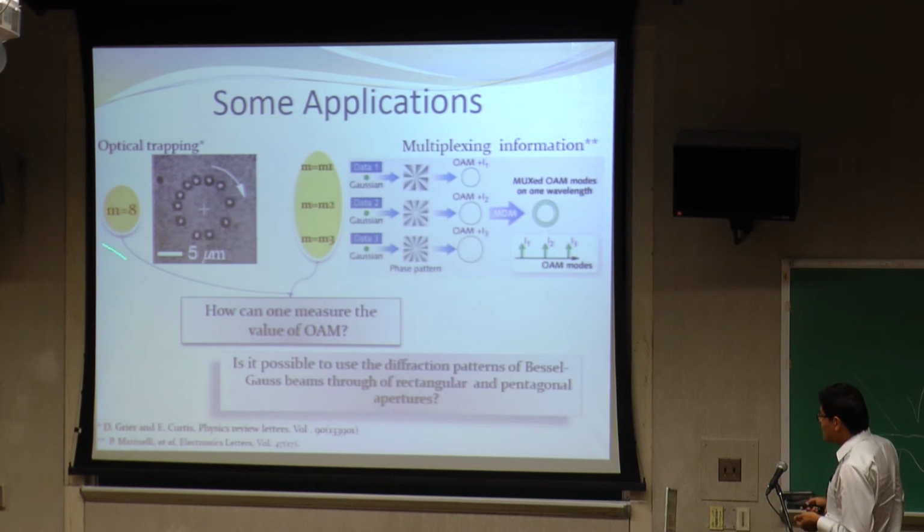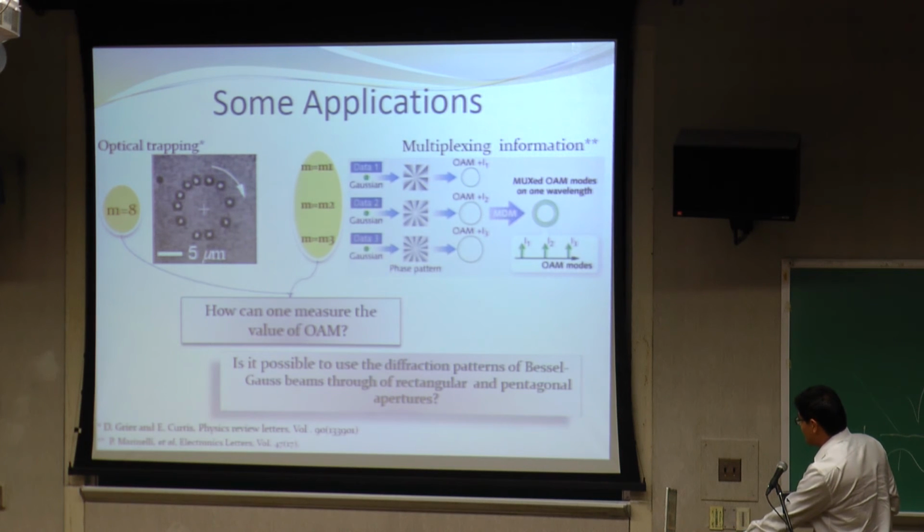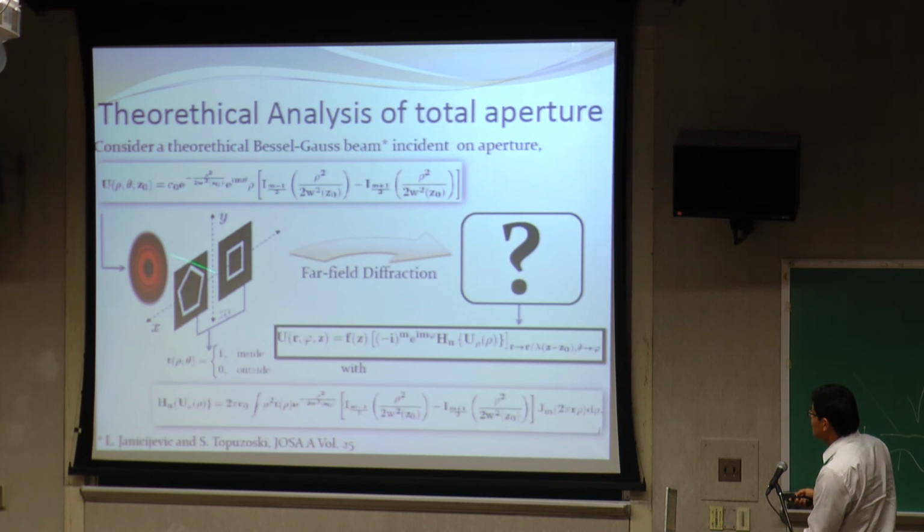In this part, it's important to know the value of the orbital angular momentum. For this reason, the question is: how can one measure the value of the OAM? One possibility is using the diffraction pattern of the Bessel-Gauss beam through a rectangular and triangular aperture.